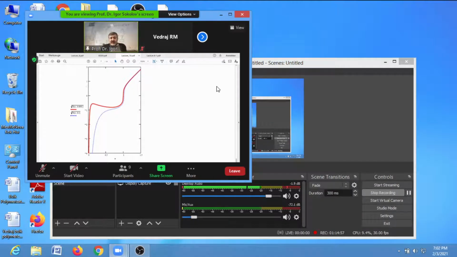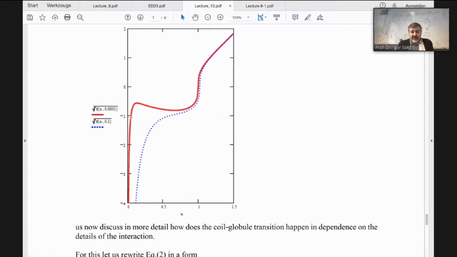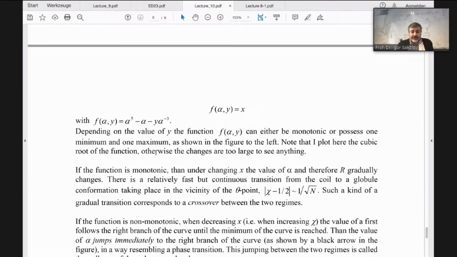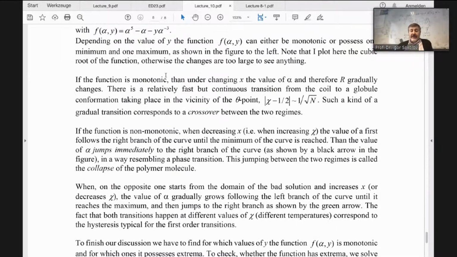And now I see that the functions f come in two types. I will analyze it. This is the cubic root of f, because otherwise you don't see the details, and here you augment the details. But essentially it is f. And the f's come in two types. This f, in dependence on y.